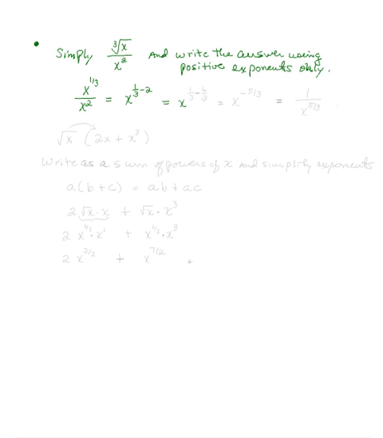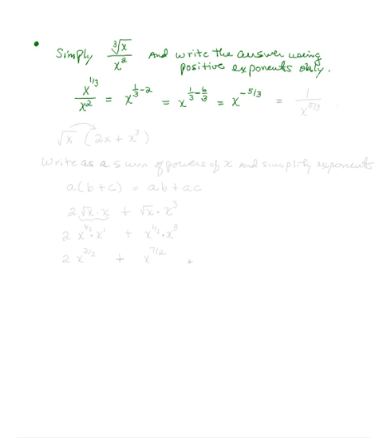And so this is x to the 1/3 minus 6/3, and that would be x to the negative 5/3. So x to the negative 5/3, and so this is simplified compared to what we started with because we have just one power of x and we just have an exponent of negative 5/3.